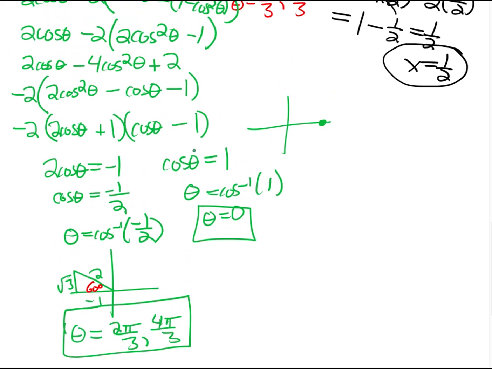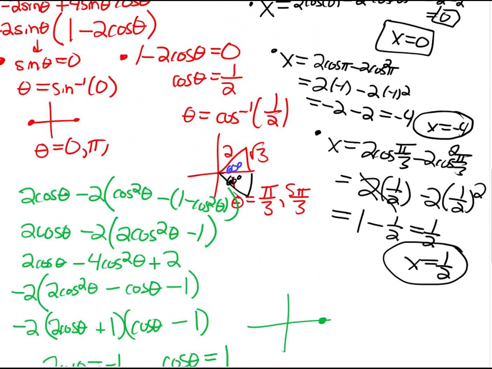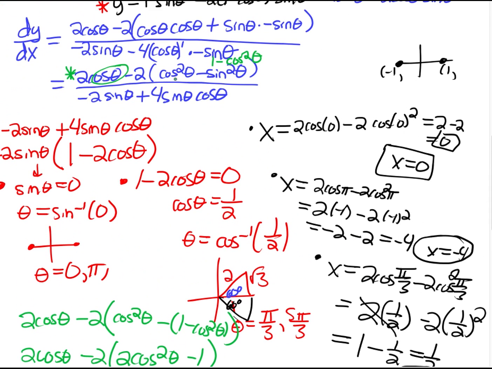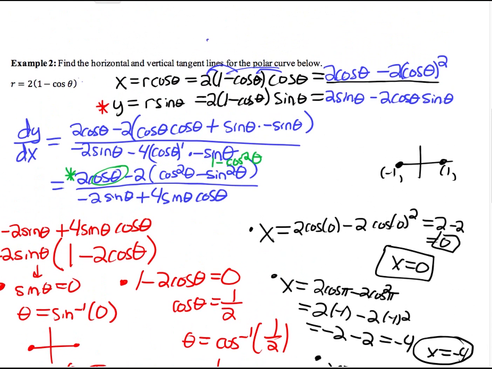Now, of course, where did we get this from to begin with? Let's see, remember it was right here. And where was that from? That was from up here, right? That was the top, or where we thought our horizontal tangent lines might be. So remember, we want to go all the way back to y equals and stick this in and see what happens. So let's remember, it's 2 sine theta minus sine of 2 theta.